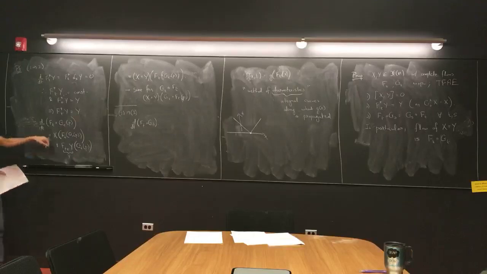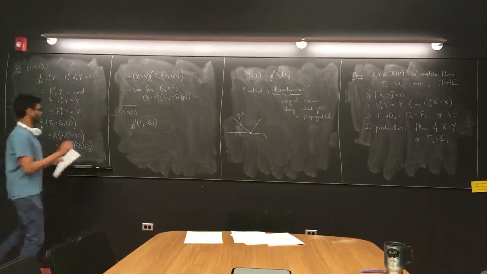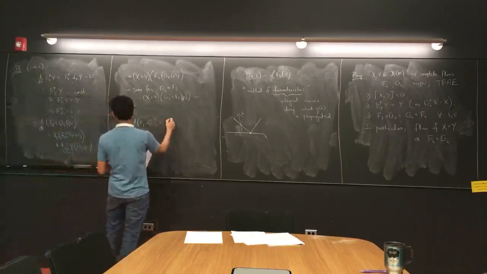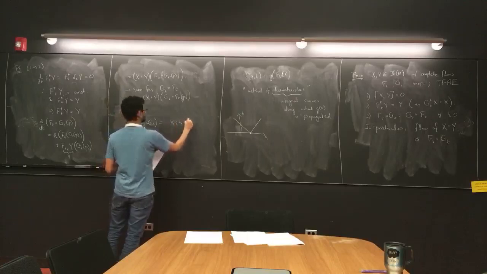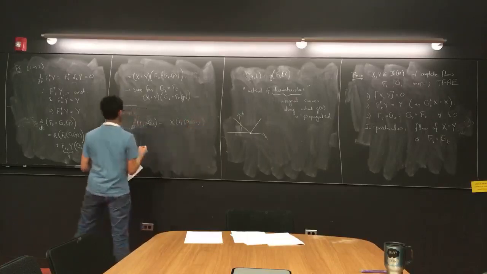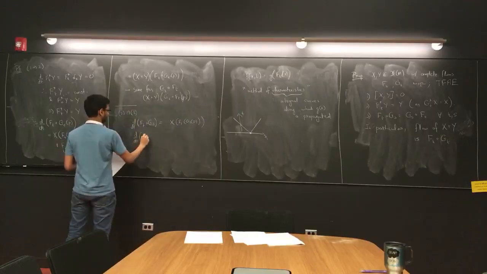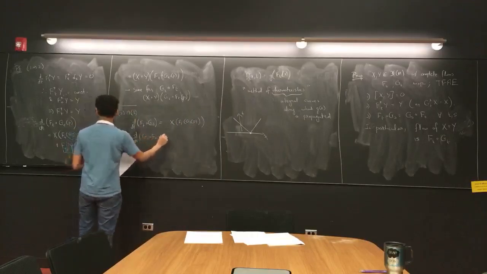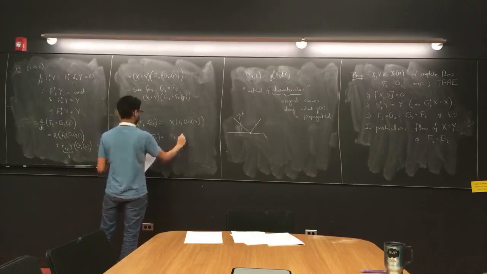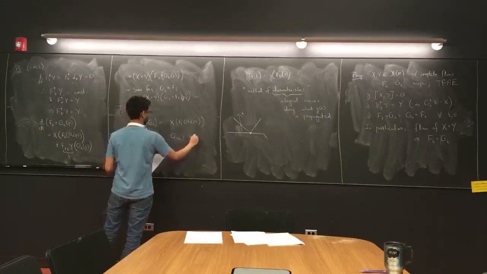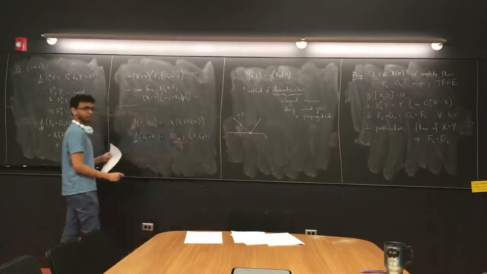Exactly. So for the second one, you get this, but let me just write that down. This is going to be x f_t g_s of p. d by dt of g_s composed with f_t is going to be g_s star x f_t of p, and this is nothing but x by the hypothesis.